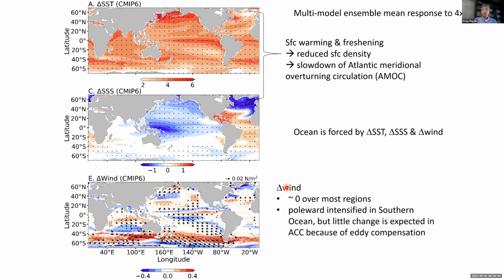So this also introduces the method we're going to use. In other words, we're going to use an ocean GCM, in this case MITgcm, adding delta SST, delta sea surface salinity, and delta wind one at a time, and see what happens.